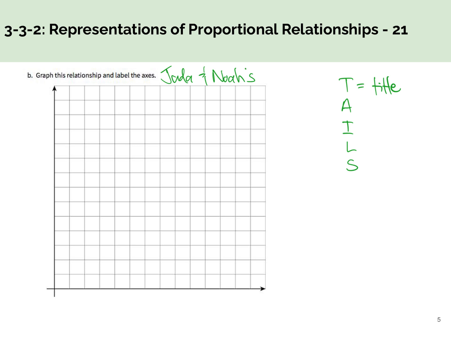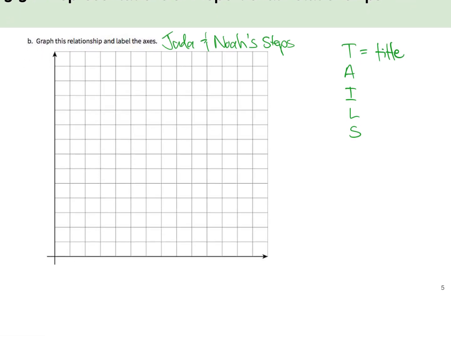So I'm going to say Jada and Noah's steps. This tells me exactly what this graph is about when I look at it. And I'm going to move this up a little bit. So remember when we had our table, X was Jada, Y was Noah. So we have the x-axis at the bottom as Jada's steps.